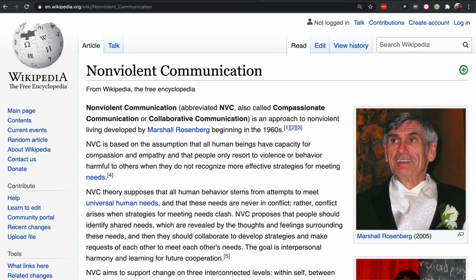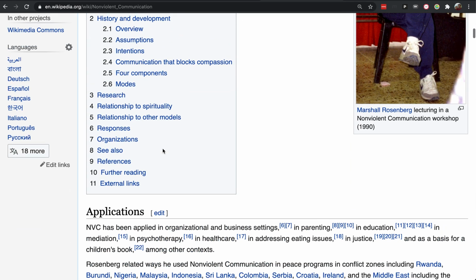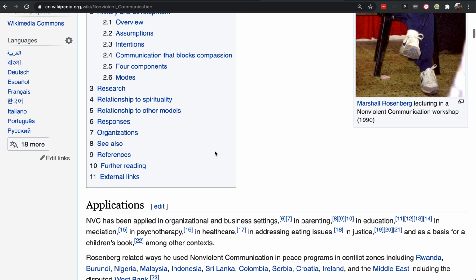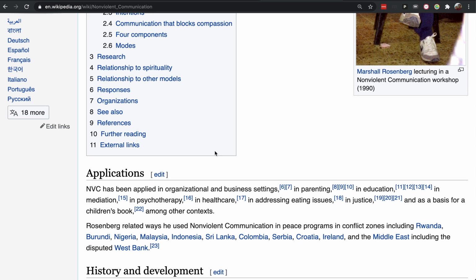I also learned about nonviolent communication. I should say my coworker is very intelligent. He mentioned these ideas to me, or at least he put a label on these ideas. So nonviolent communication, I've looked into this, there are techniques where you can state your feelings, and you can state the actions that happened.